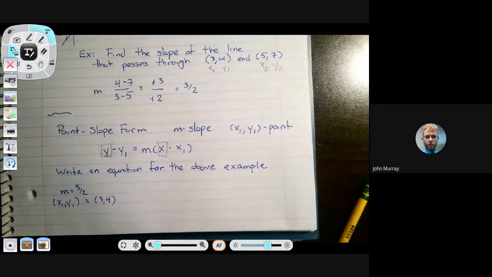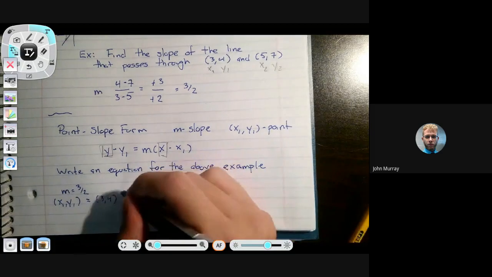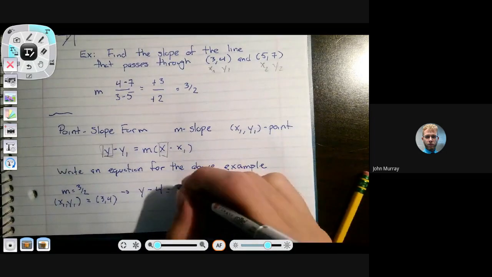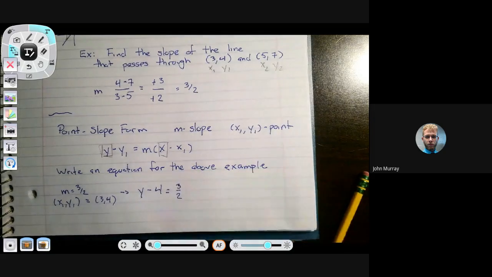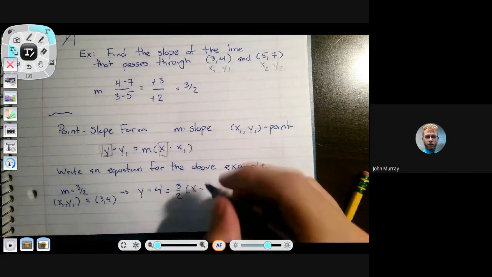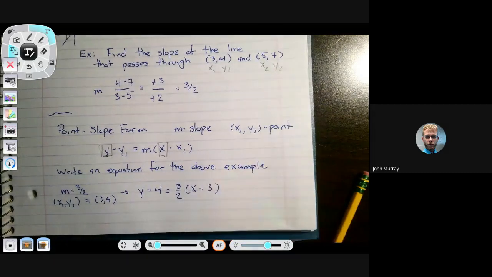You're not plugging anything in for those two values. We're just going to plug everything else in. So I'm going to have y minus my y1, which is 4, equals my slope, 3/2, times x minus x1, which is 3.